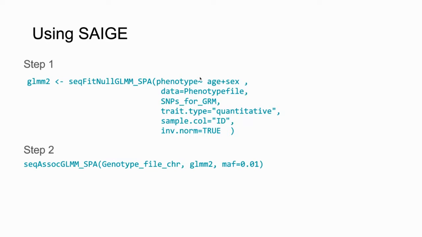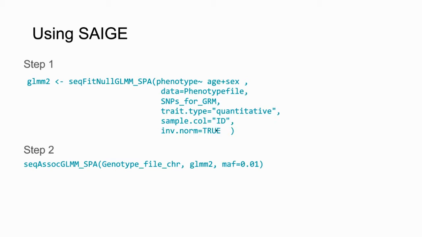This is within R. You define the model and the phenotype file. You give it the genetic correlation matrix. You define the type of trait, if it's binary or quantitative.